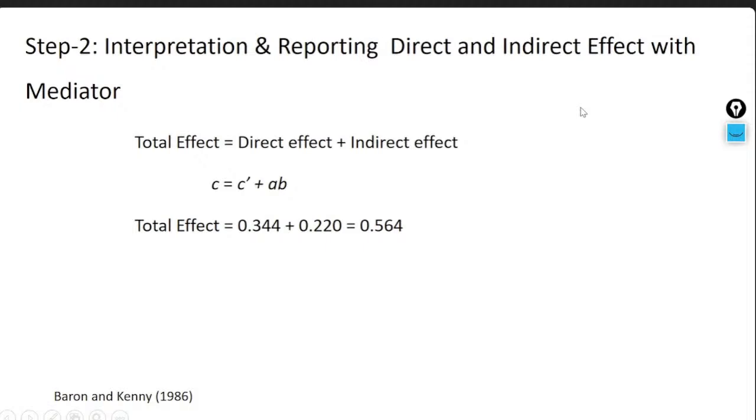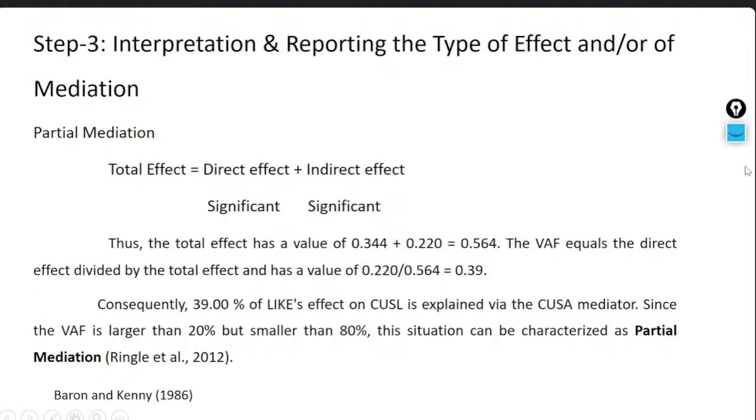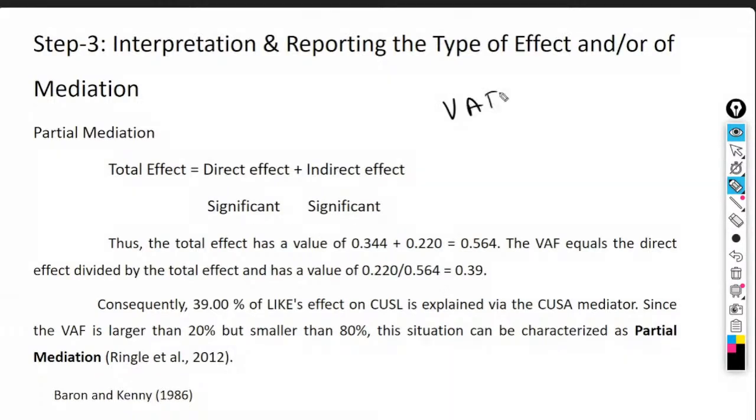Now the total effect: this is the direct effect 0.344 plus 0.220, so the total effect is 0.564. Now how will we decide whether it is partial mediation or full mediation? The VAF will decide. How will we calculate the VAF?